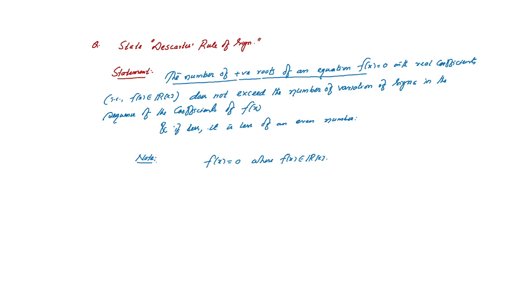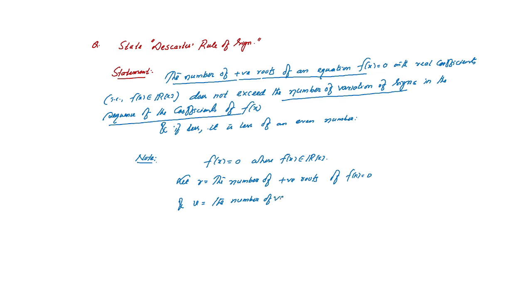That means the coefficients come from the real numbers. Now let r be the number of positive roots, obviously positive real roots, of f(x) equals 0, and let v be the number of variations of sign in the sequence of coefficients of f(x).